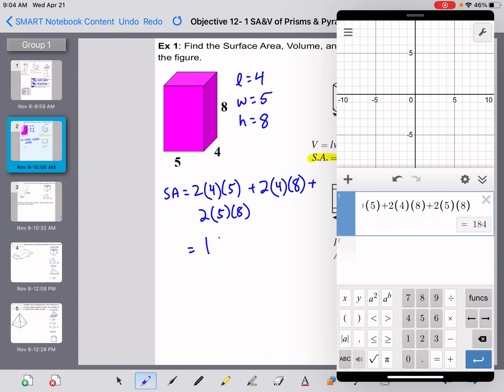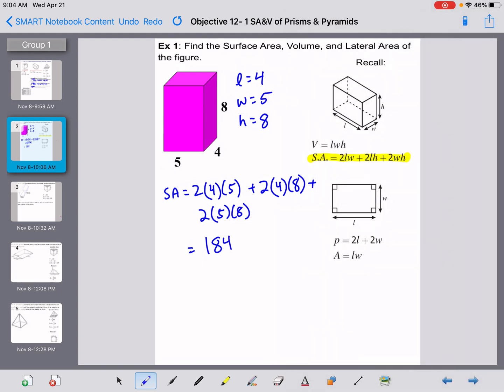We get 184. All right, so surface area means that it's going to be squared. It didn't give me actual measurements, like if this were inches or feet or yards or any of that, but it would be a squared number, like units squared is what it would be. Not super important for this problem.